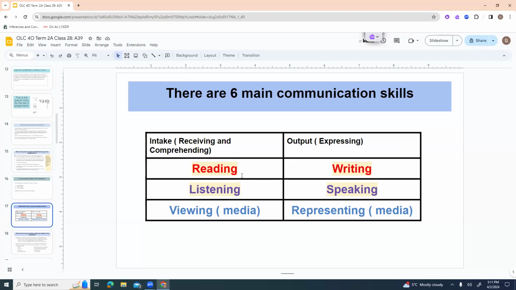So that's going down. You can also go across. Reading and writing are polar opposites. You can understand through reading, and then you can write down your ideas. You could understand through listening, and then you can express your ideas in speaking. You can understand by viewing media, then you can express your ideas through representing media. So these work both vertically and horizontally.